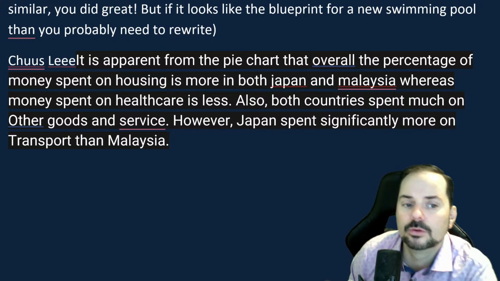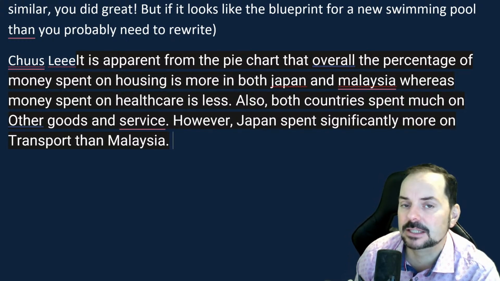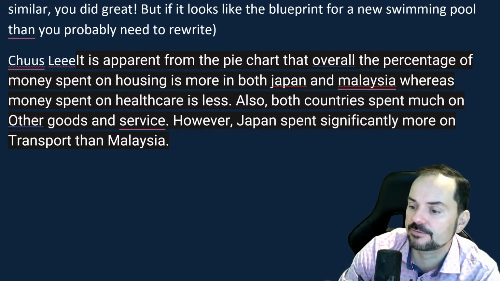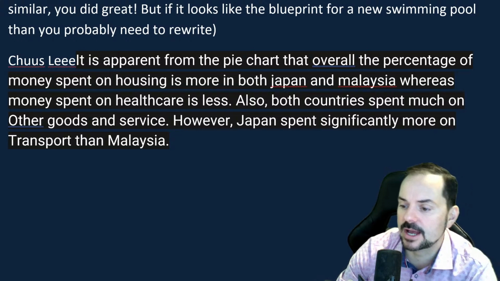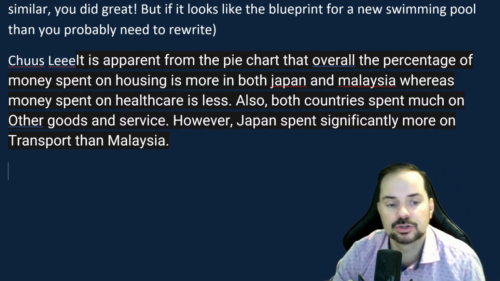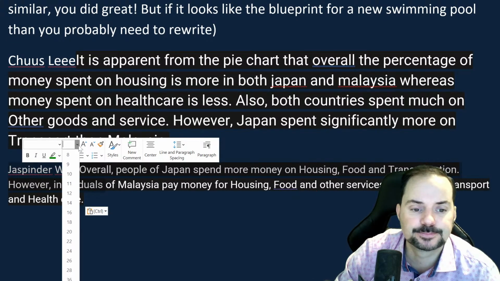Right? So, Choose, you need a bit more information to make that a complete overview. Okay? Jaspinder, VMK, let's see what you have. So you have to write a complete overview. Your overview should not be partial. Be careful.